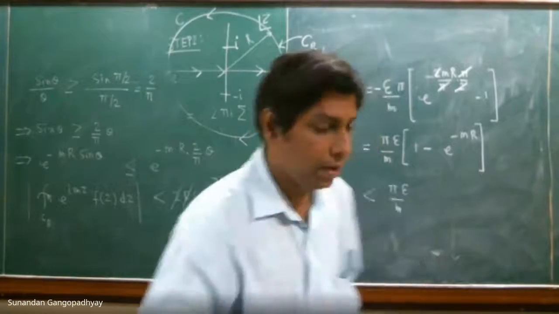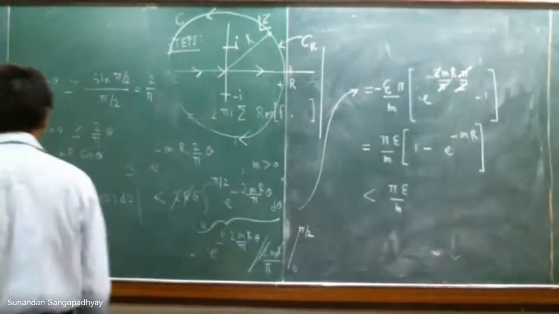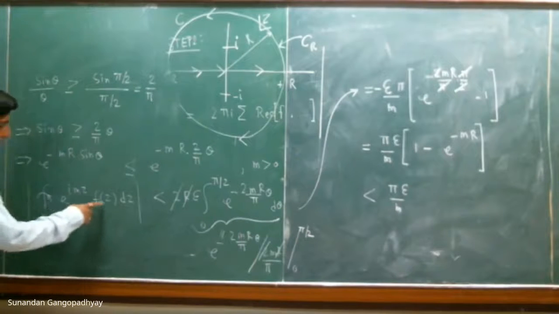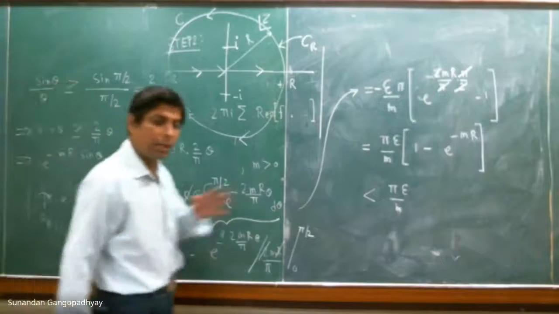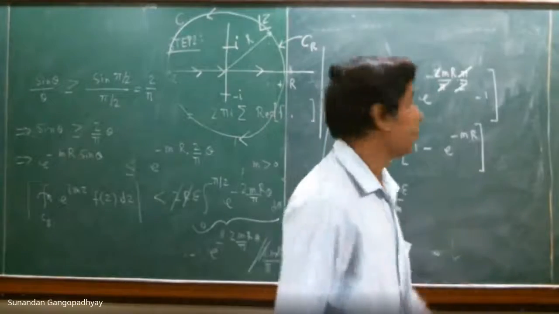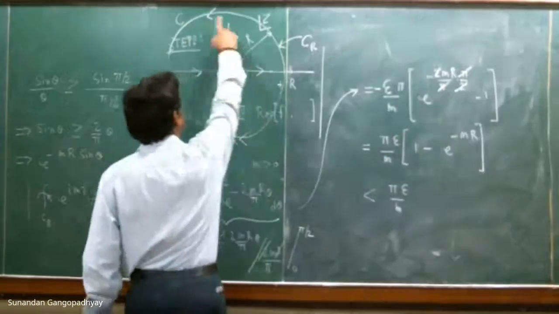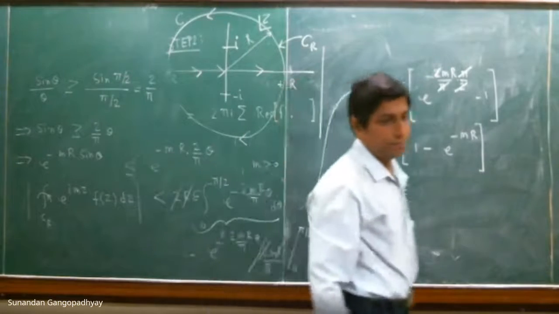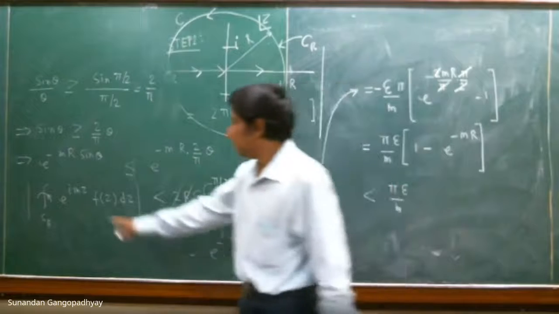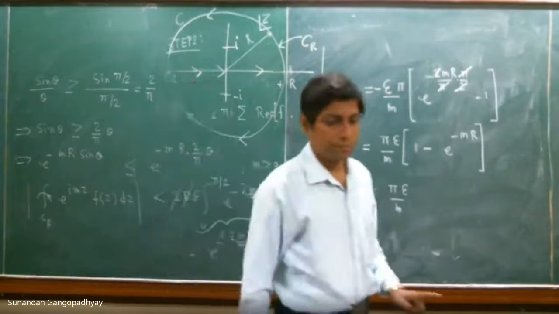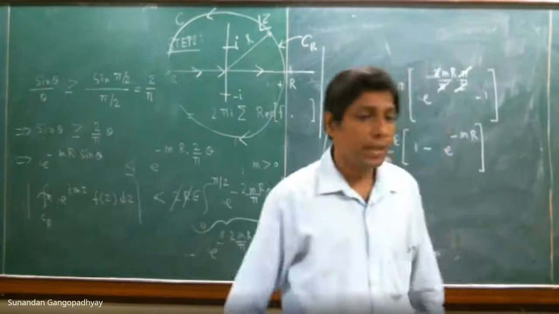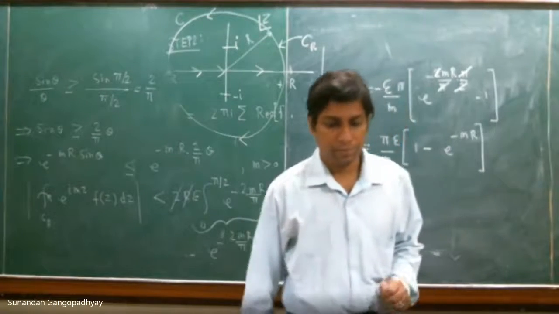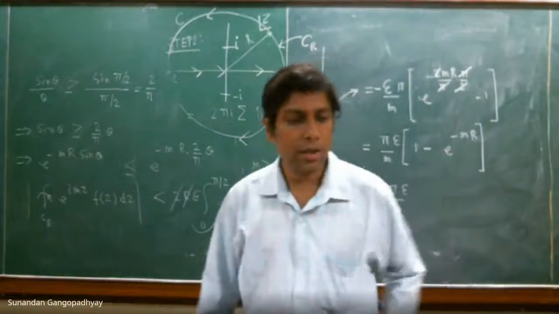And therefore, we have proved Jordan's lemma: the limit as r goes to infinity of this integral of e to the power i m z f(z) dz tends to 0 for all points which lie on the semicircular arc C_R, provided m is a positive integer, mind you. So in the integral that I evaluated, m was equal to 1, which is greater than 0. So this is Jordan's lemma.